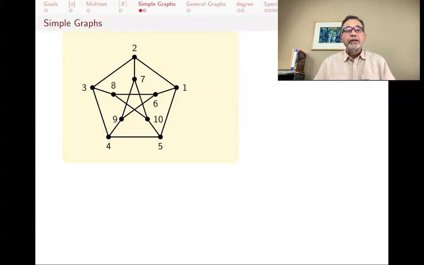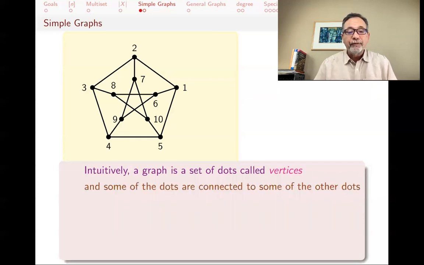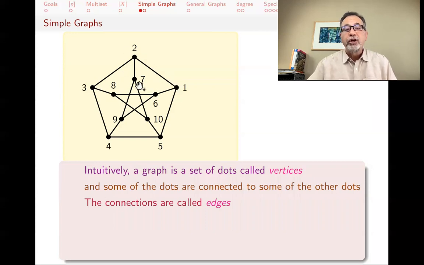Okay, so let's start with simple graphs. A graph is, intuitively, just a bunch of vertices, a bunch of dots, and some of those dots are connected to some of the other dots via edges. Those connections are called edges. So, for example, in the example that I have here, 1 and 2 are connected with an edge, but 1 and 3 are not.